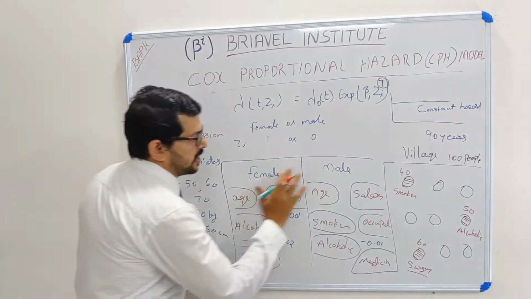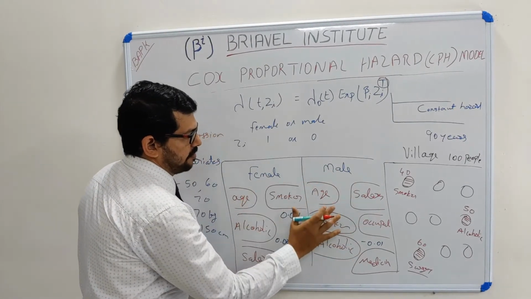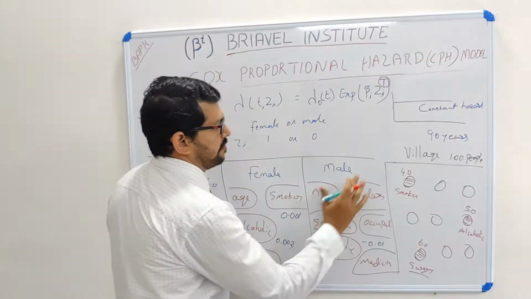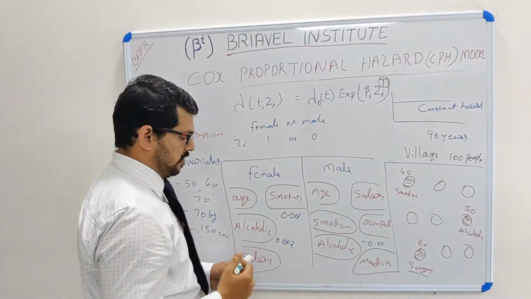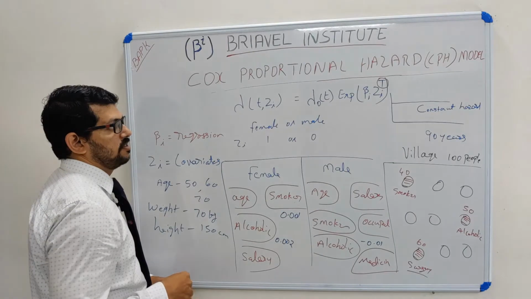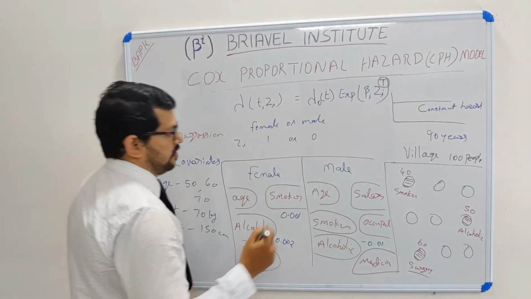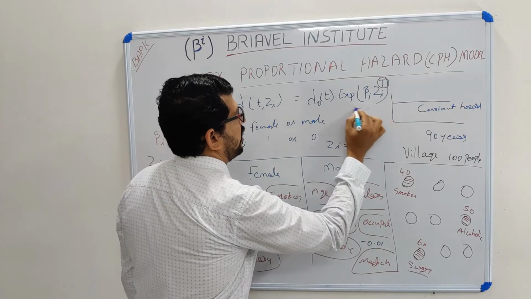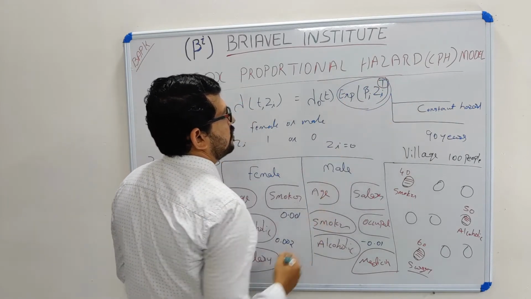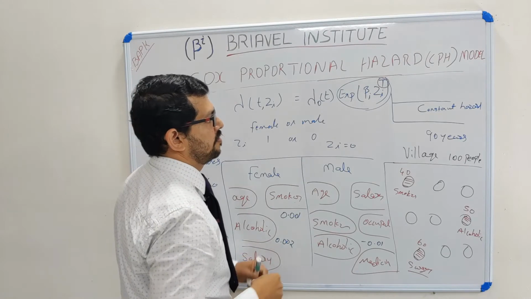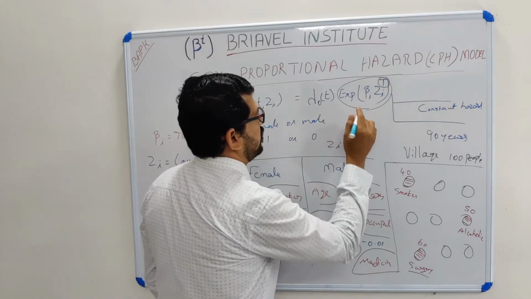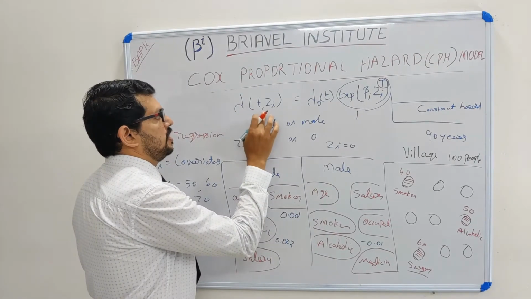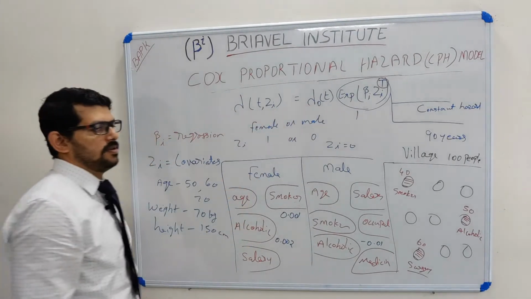If all these factors are not there, then what will be the hazard rate? There are no factors affecting their mortality, so all these covariates are 0. Zi is equal to 0. So what will happen to this value? This value becomes 1, because exponential 0 is equal to 1. So lambda of t and Zi is equal to lambda 0 of t.